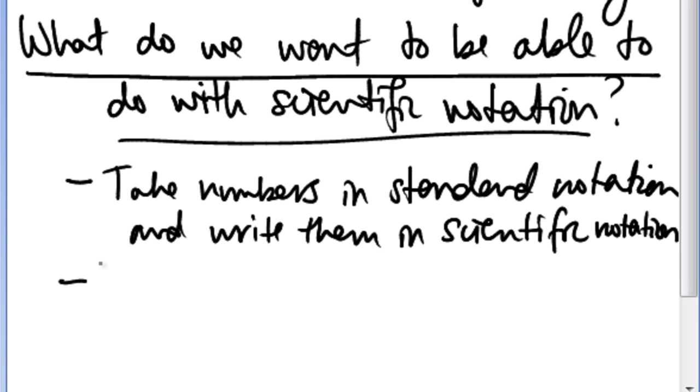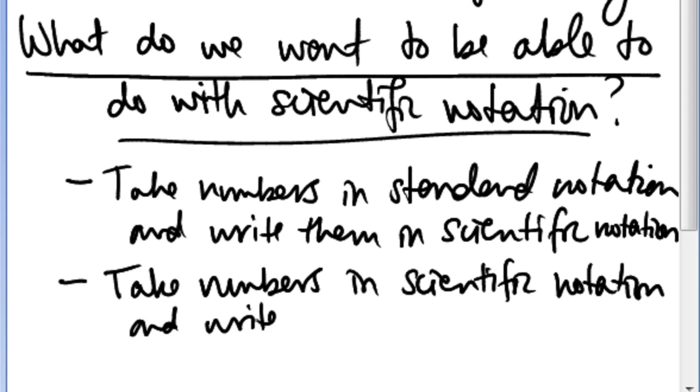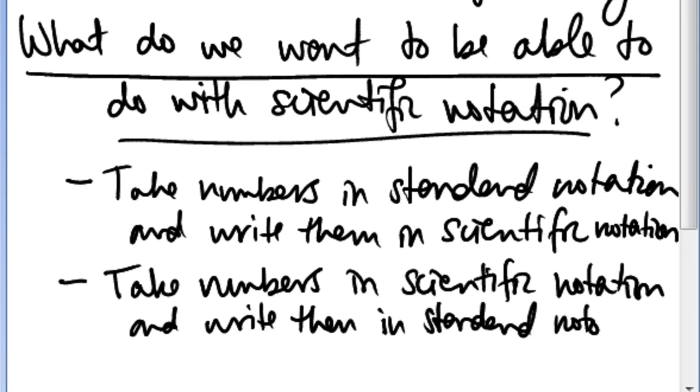And vice versa. We want to be able to take numbers in scientific notation and write them in standard notation. And what is standard notation? Standard notation is just the normal way we have of writing numbers. Right? 300 million up here is in standard notation. Right? This really long decimal here is in standard notation.